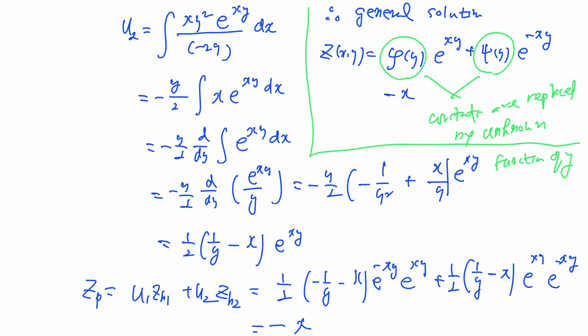So in partial differential equations, the general solution, in ordinary differential equations, we just have constants c1, c2, right? But now this is x and y. So instead of using c1, you can say some phi function of y, and psi function of y, and this is the general solution.